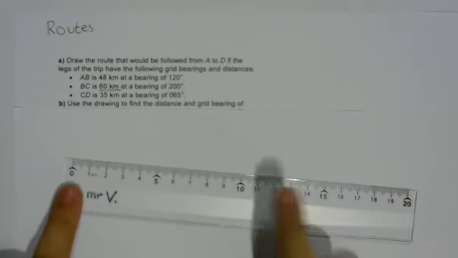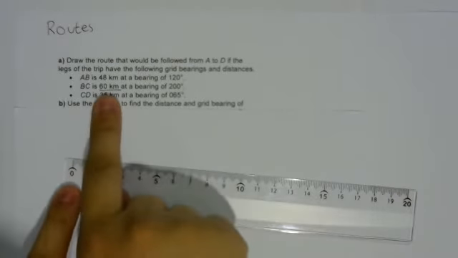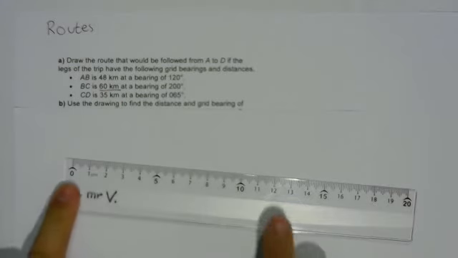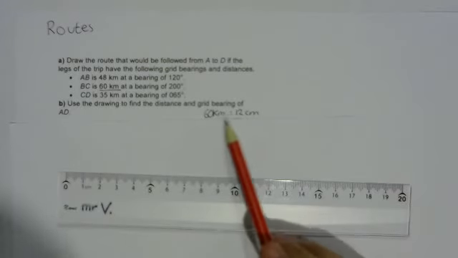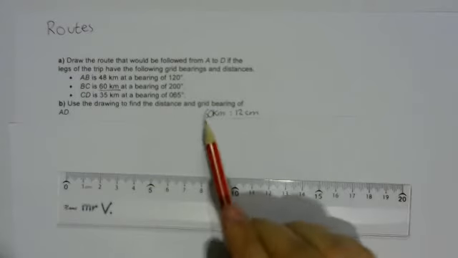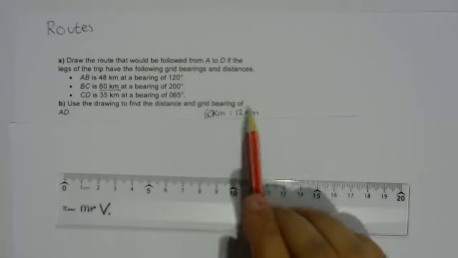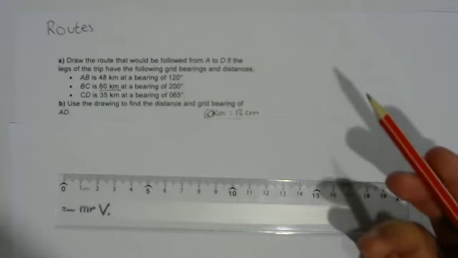So I'm going to make 60 kilometers in real life proportional to 12 centimeters on my map. To make that usable, we want to change either the 60 kilometer side or the 12 centimeter side to 1.